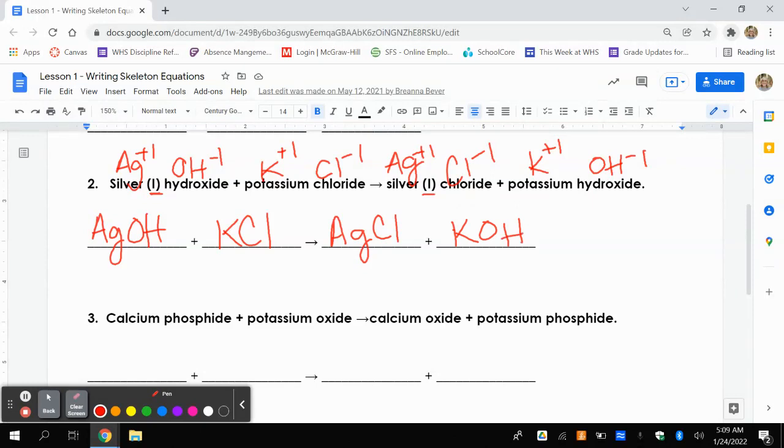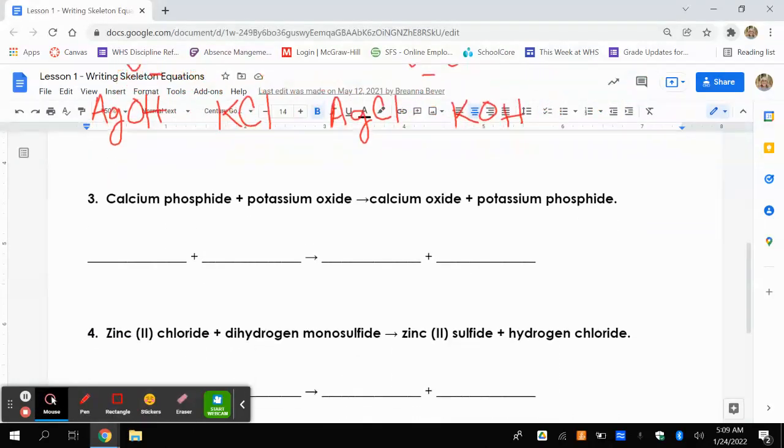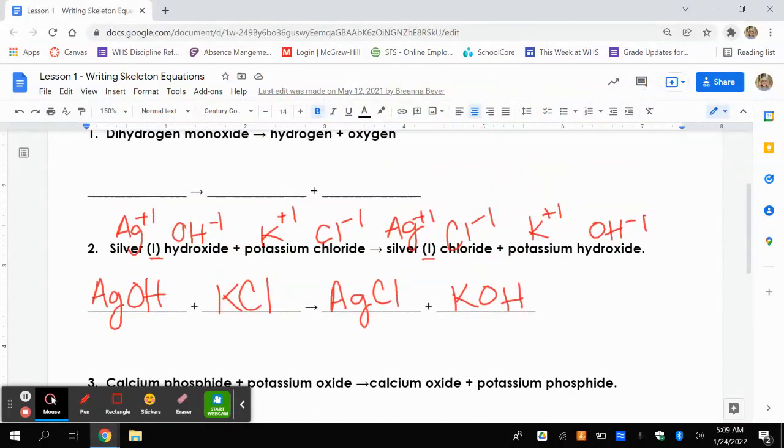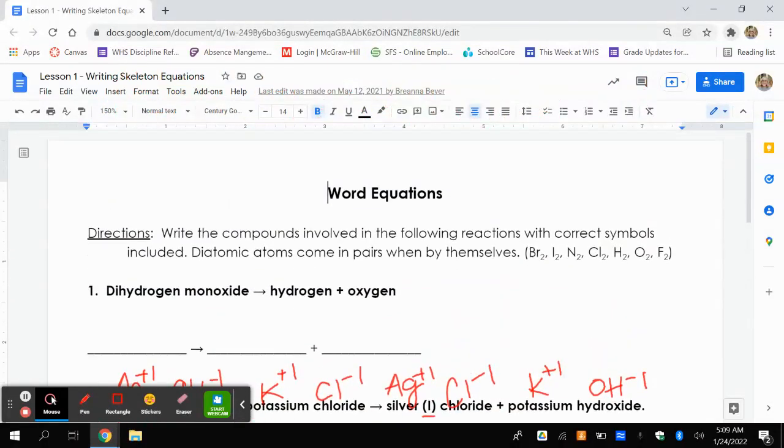Okay, so you're going through and doing the rest of these, paying close attention to whether it is a covalent compound or an ionic compound, and then writing the formulas, and also paying close attention to these diatomic atoms here, ones that only are found in pairs.